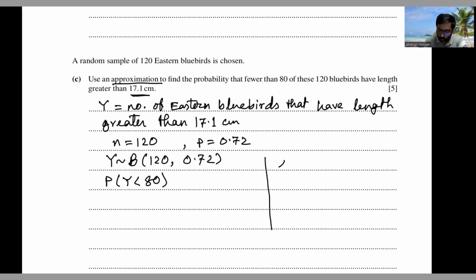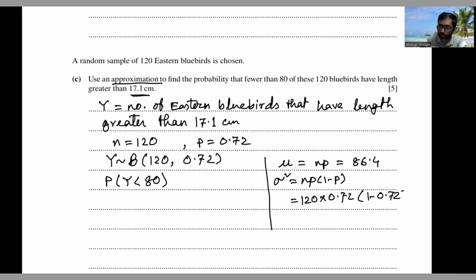So we can directly find the mean and variance of this binomial distribution. Mean is np, which is 120 times 0.72, which is 86.4, and the variance is npq, or np times (1 minus p), that is 120 times 0.72 times (1 minus 0.72), which is 24.192.